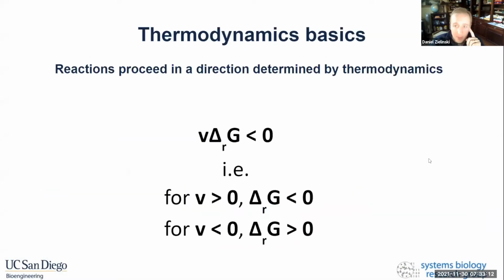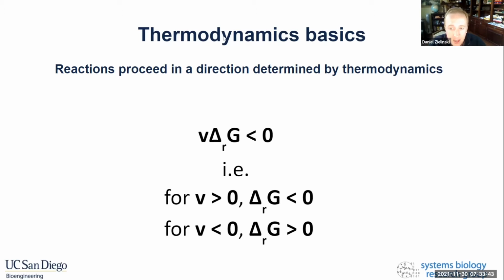Just to talk a little bit about thermodynamics, more about this equilibrium constant, where it comes from, and why we care about it. So you might be familiar with this framing, which is that there's this constraint that's derived from the first and second law of thermodynamics, that for a reaction to proceed in the forward direction, the Gibbs energy has to be negative, has to be less than 0.